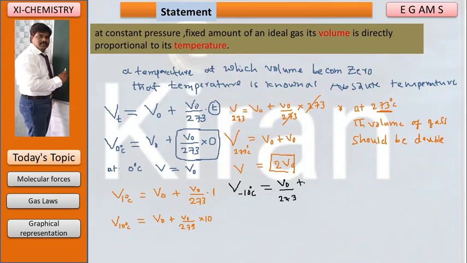Minus 273. What answer will come? This 273 and this 273 get cancelled. So you will get V naught minus V naught. Once again I am writing this, just a minute.